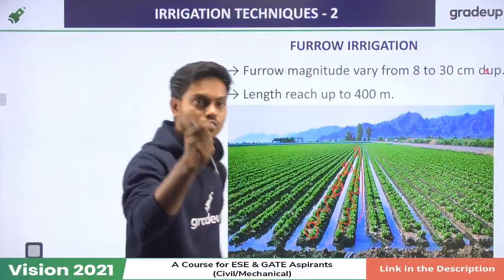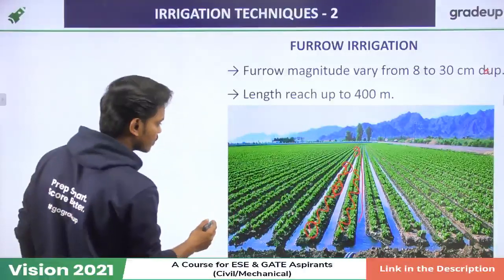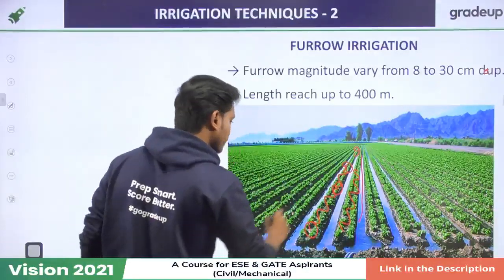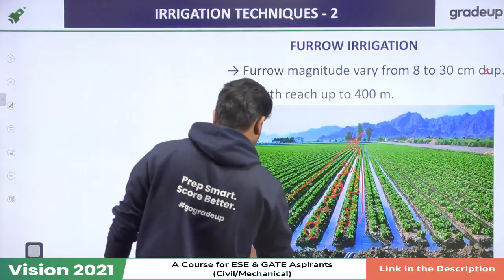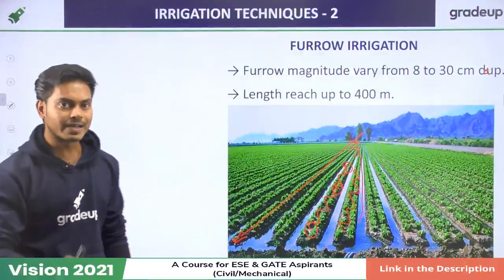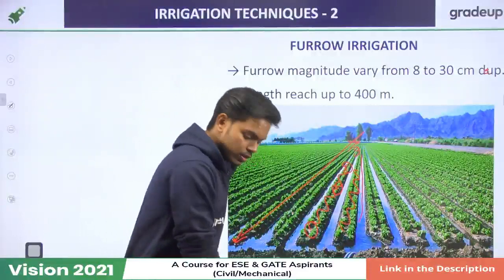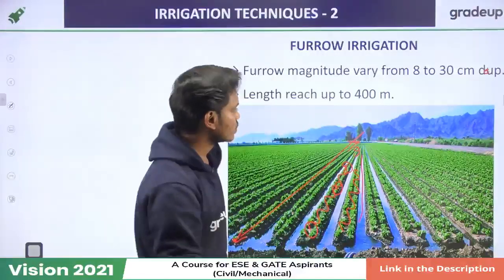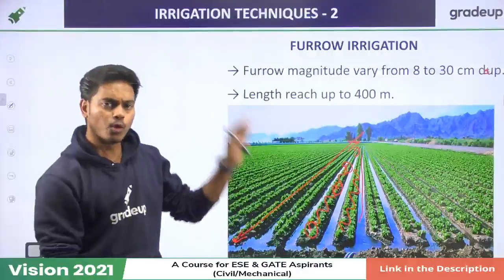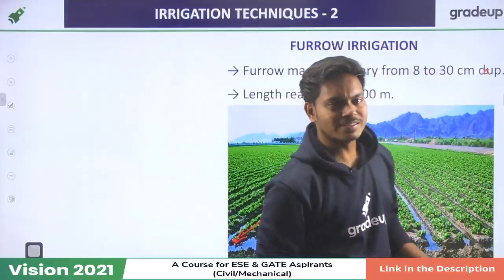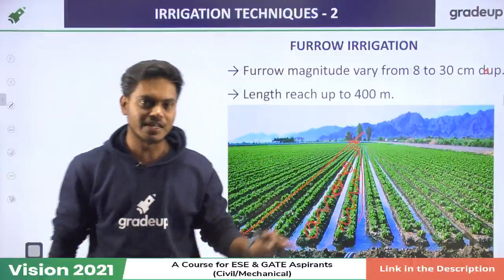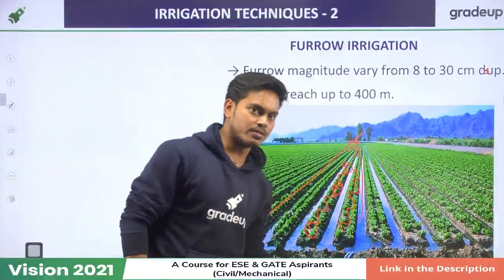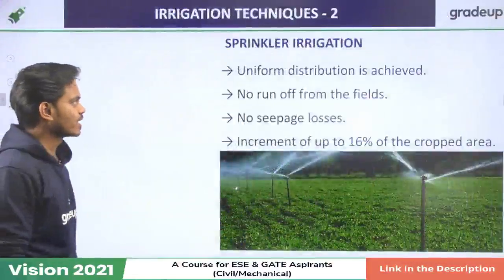The length, this length, could reach up to 400 meter. So these are certain points which we have to discuss regarding furrow irrigation. Most of the irrigation fields are using this type of irrigation technique. Practically you must have seen it somewhere because this is very common. All right, let's see what we have next.